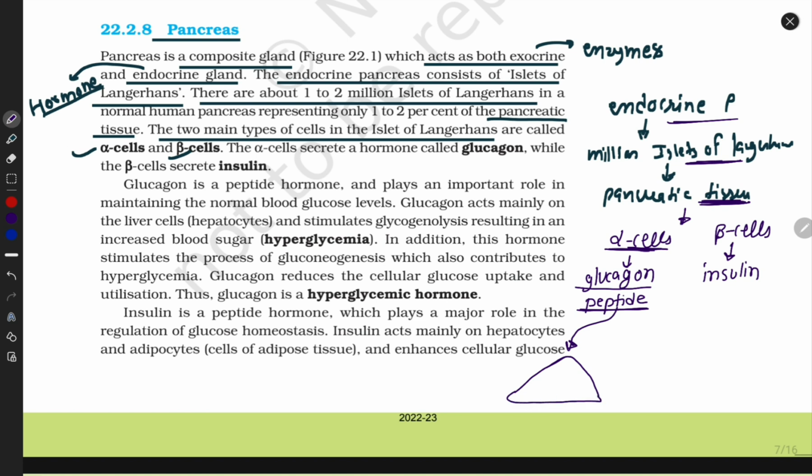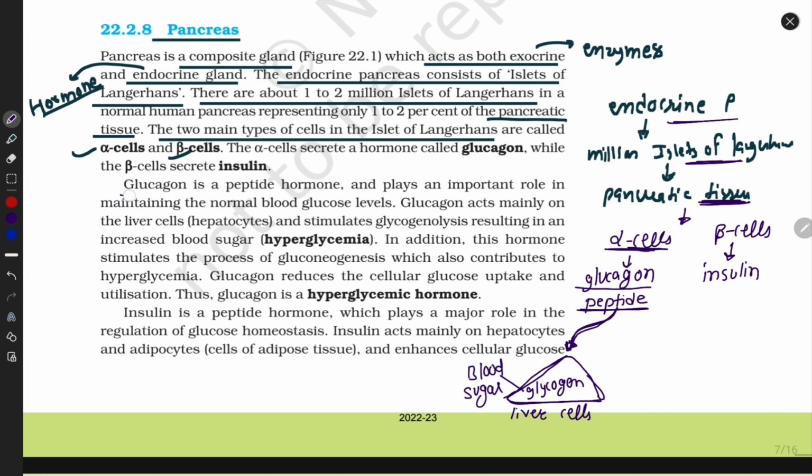The peptide hormone glucagon is secreted and reaches the liver cells, and there they perform breakdown of glycogen. So that's why blood sugar increases. Sugar in blood is increased.